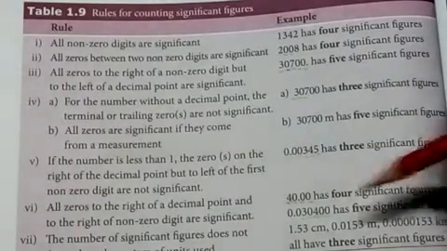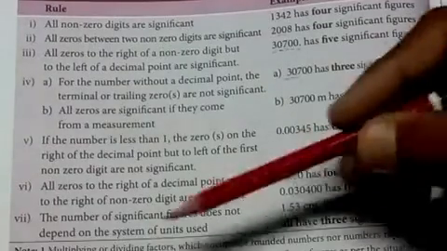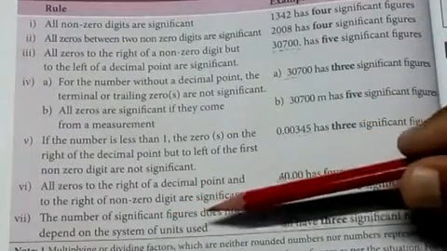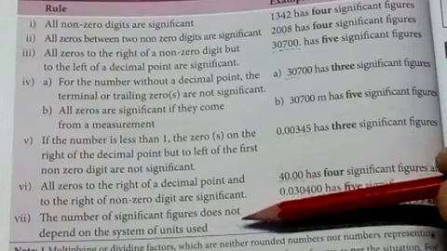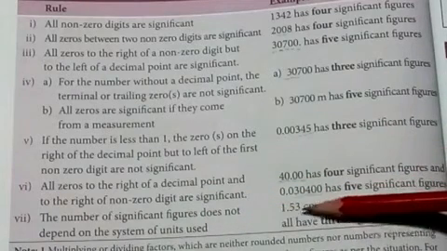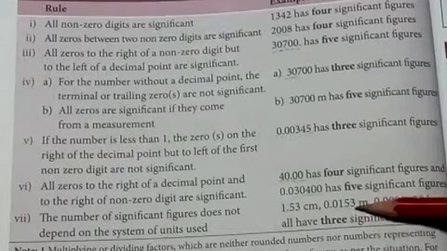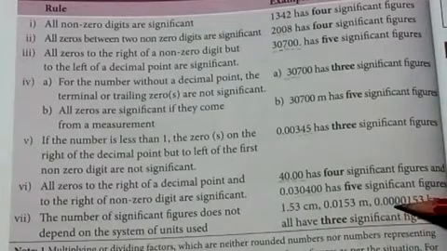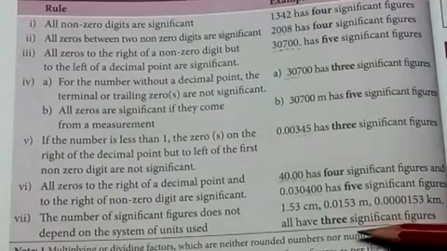Okay, let's go to the 7th point now. The 7th point: the number of significant figures does not depend on the system of units used. Okay, so 1.53 centimeters, 0.135 meters, 0.0000153 kilometers all have 3 significant figures.